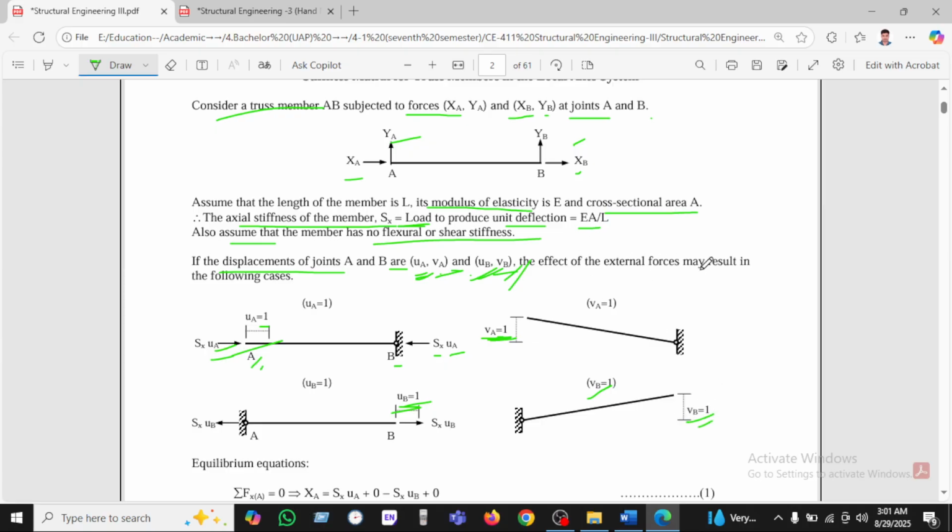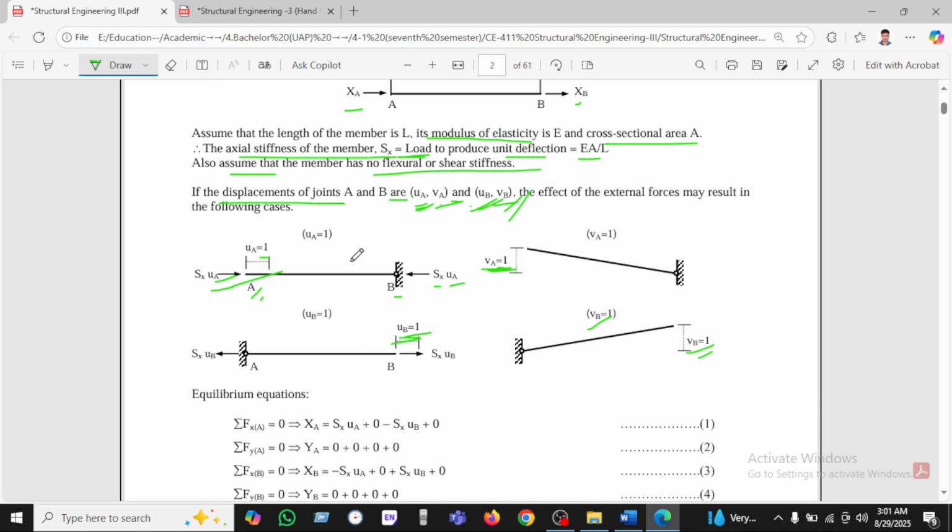Now we can see the effect of the result in this case. If I change the color, we can see UA. We just applied the displacement UA, so the force will be Sx into UA. Similarly, if we apply UB, it will be Sx into UB.